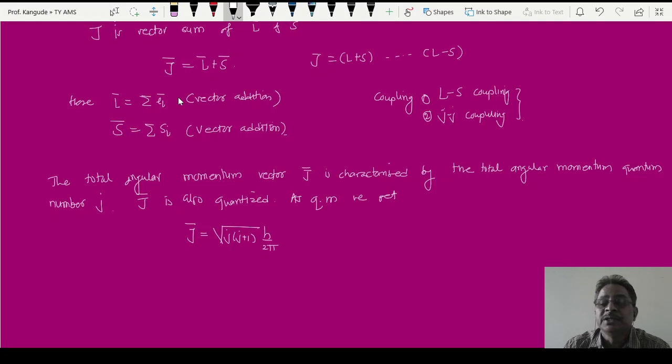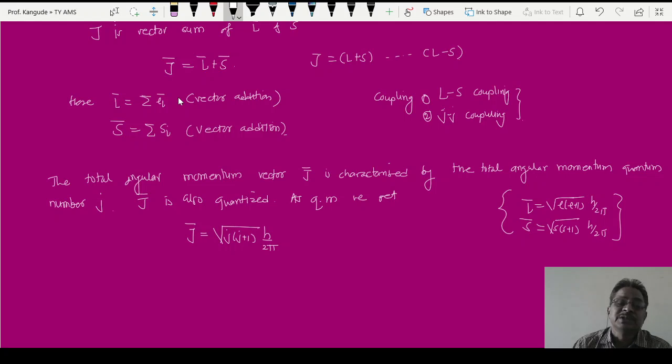We have already seen this. L bar is root of L into L plus 1 into h upon twice pi. The same is the case for S bar. Capital S bar is also given by root of S into S plus 1 into h upon twice pi. This is called quantum conditions or quantization.